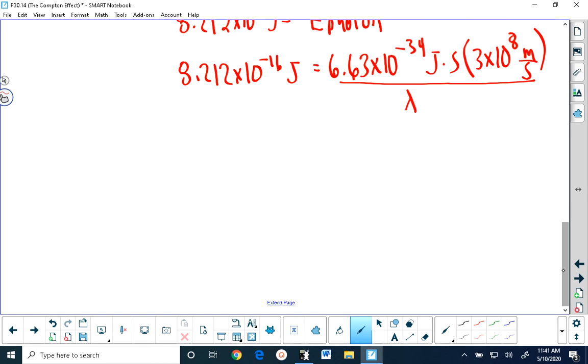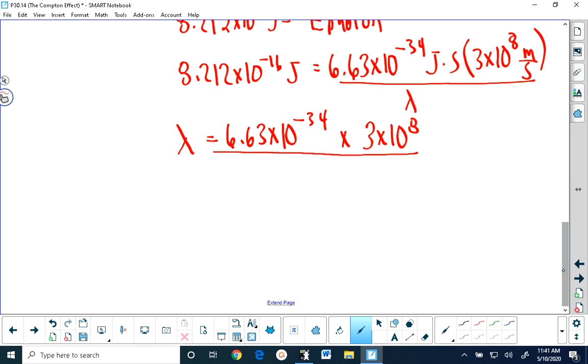If we cross multiply and then divide, we get lambda equals the 6.63 multiplied by 10 to the negative 34 multiplied by the speed of light, 3 times 10 to the 8, divided by the energy, 8.212 multiplied by 10 to the negative 16. We are going to get the wavelength in meters.